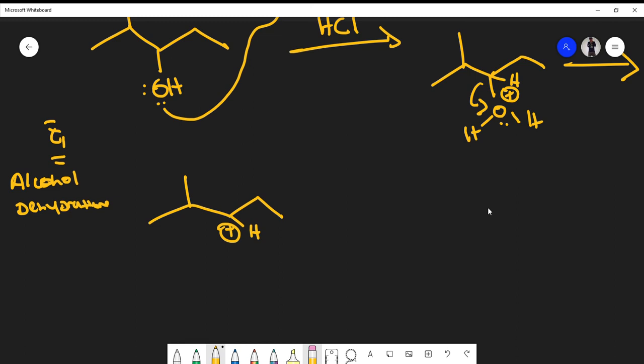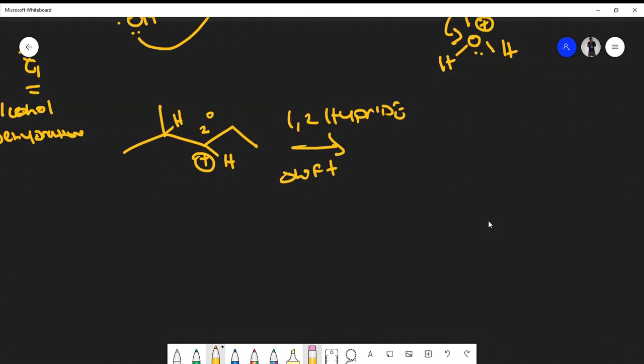Now this is a secondary carbocation, so I could do a 1,2 hydride shift. This hydrogen comes in and satisfies the positive charge. The positive charge moves over to the adjacent carbon. So what I've now done is put the positive charge in a tertiary carbocation versus a secondary carbocation.